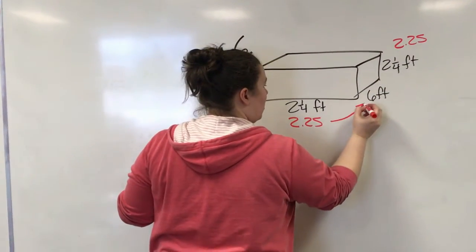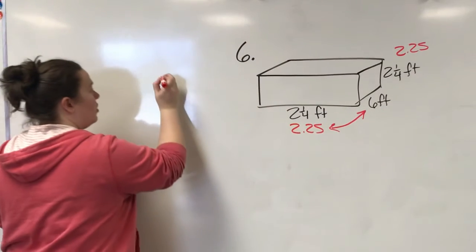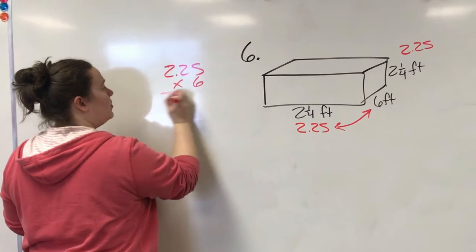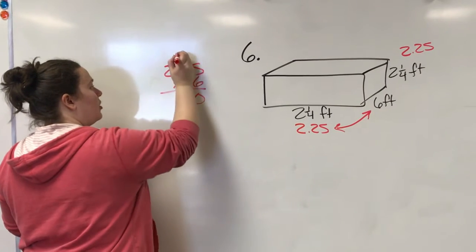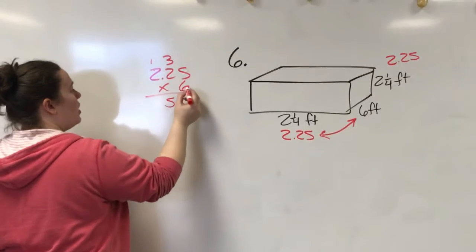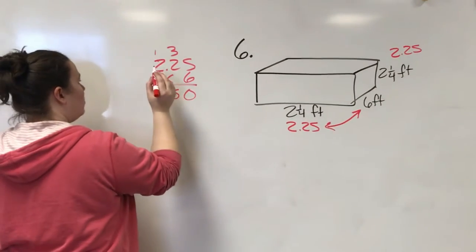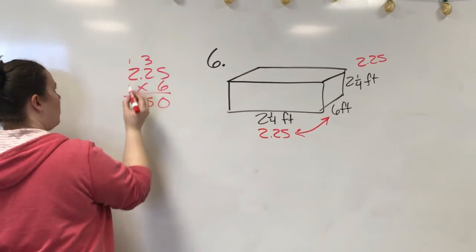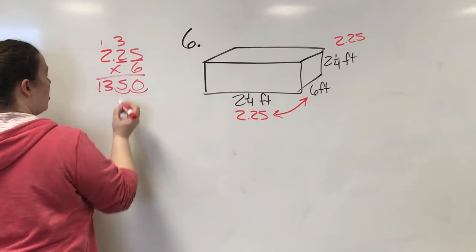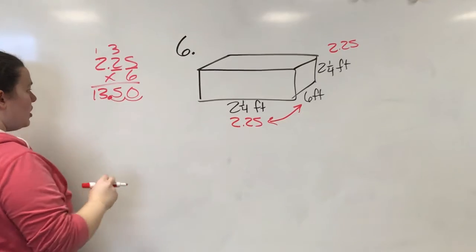Let's start with these two. 2.25 times 6. Is 30, 12 plus 3 is 15, and 2 and 6 is 12, plus 1 is 13, with 2 decimal places. So right now I'm at 13.5.